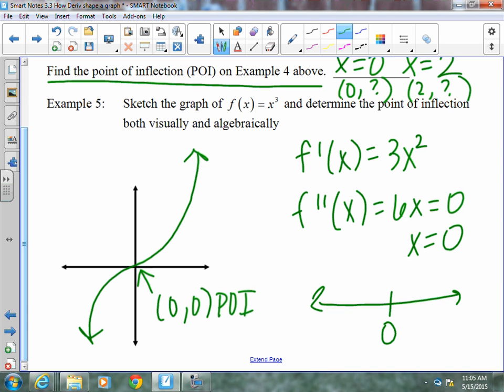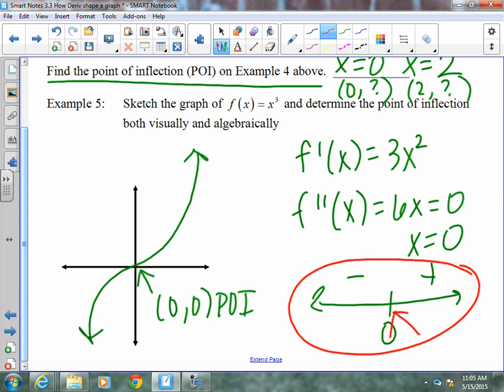If we plug a negative number into 6x, we get a negative. If we plug a positive number into 6x, we get a positive. So we find from our graph that our point of inflection actually is at 0 because it does change. Sometimes your second derivative will equal 0, but it won't change signs, so it's not a point of inflection.